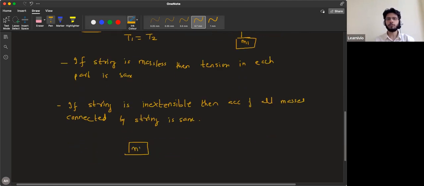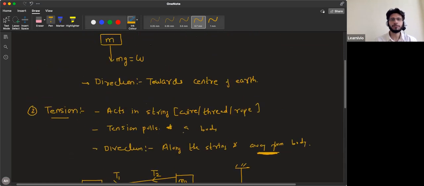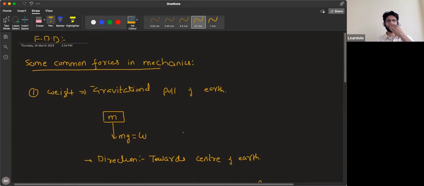If you have a mass m1 and a mass m2, and you are pulling these two masses through a string, then the acceleration of both masses will be the same if your string is inextensible. Its length does not change. So just note it down.